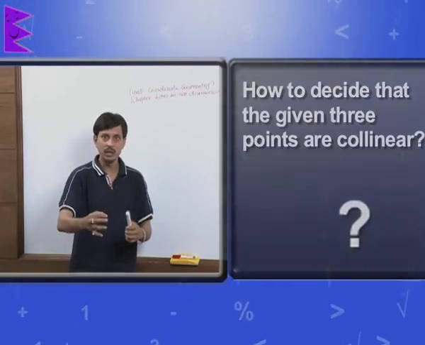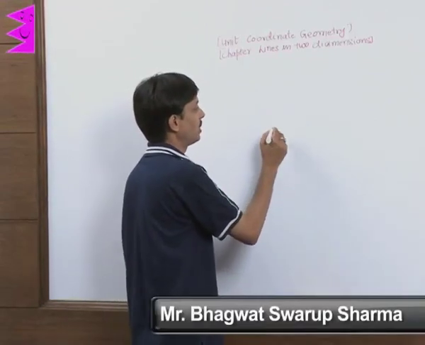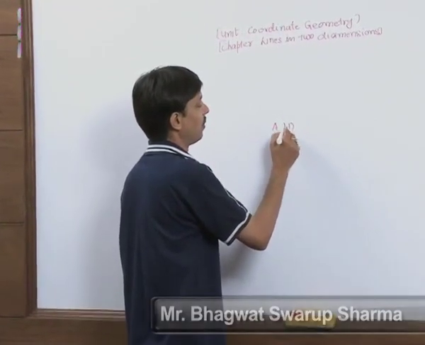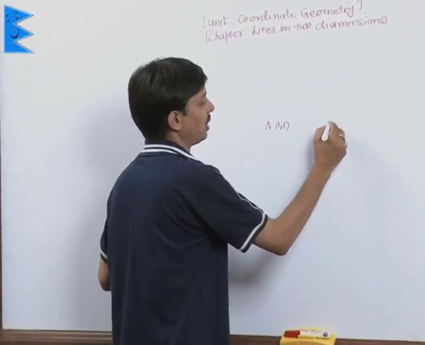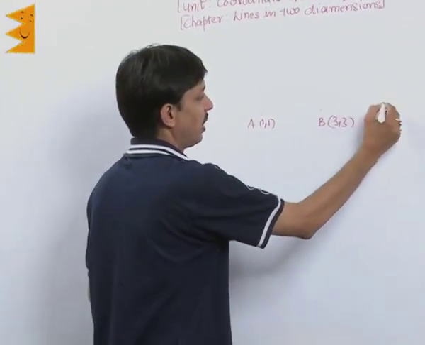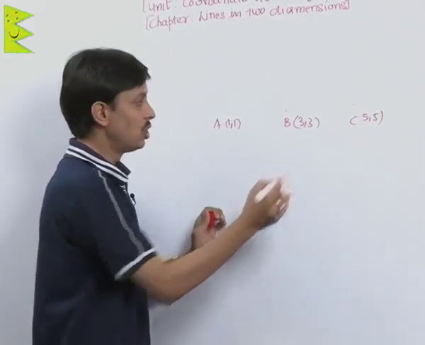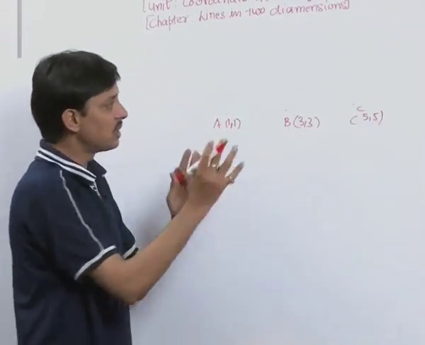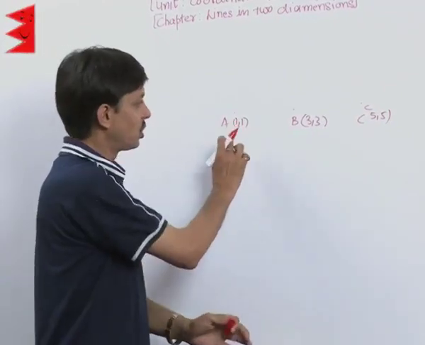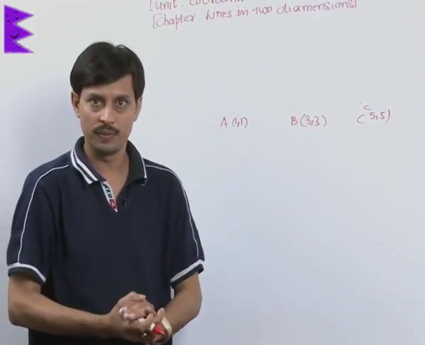If we take one example, let us suppose there are 3 points A (1, 1), second point B, suppose coordinates are (3, 3), and another is suppose (5, 5). See how we can say using the distance formula that these 3 points are collinear or not.